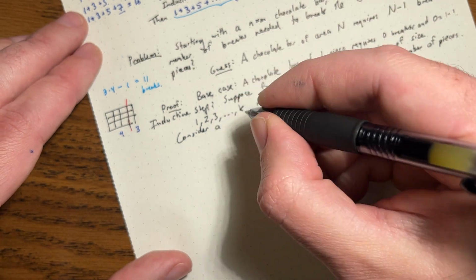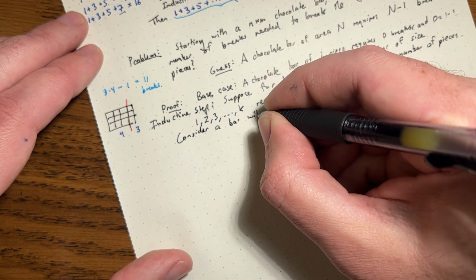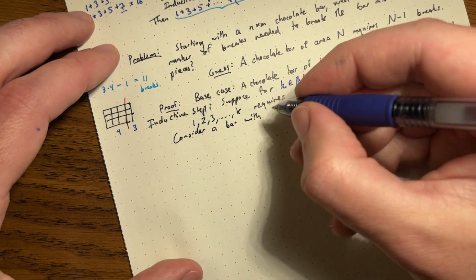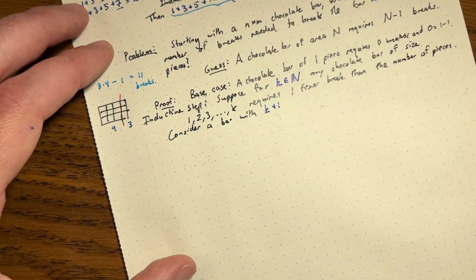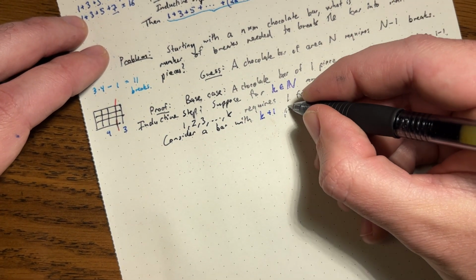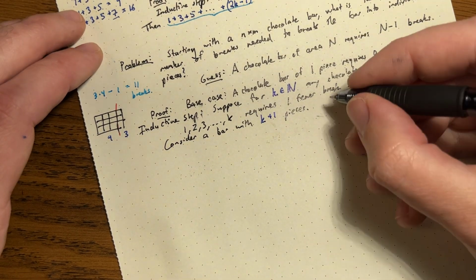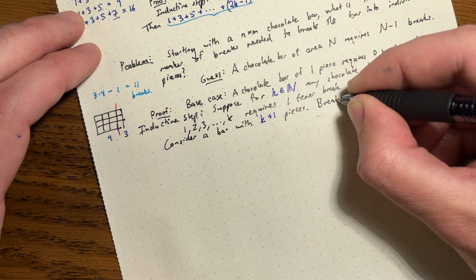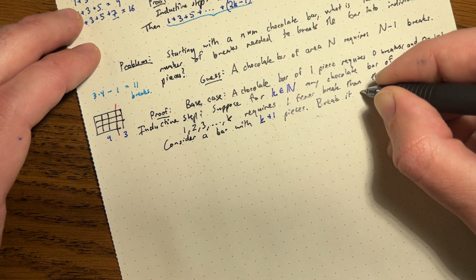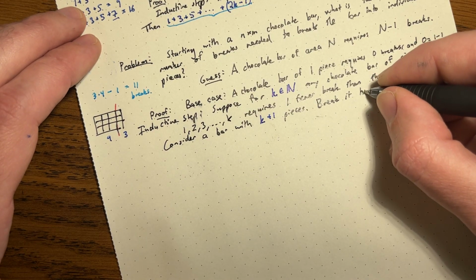We're going to consider a bar with k plus 1 pieces. And let's break it any way we want. Let's break it however we'd like.